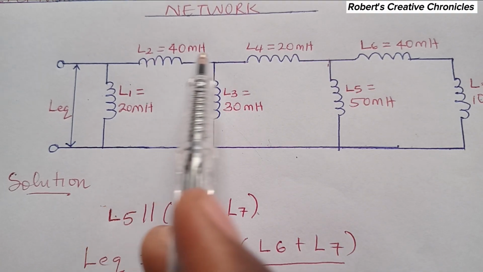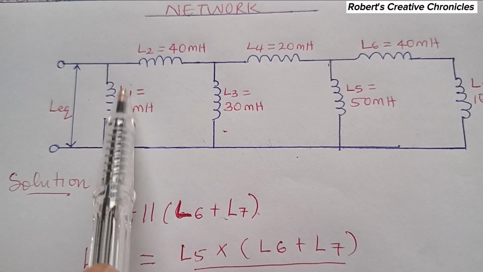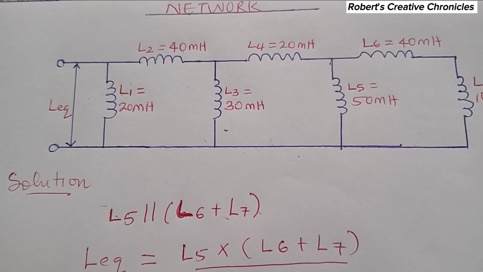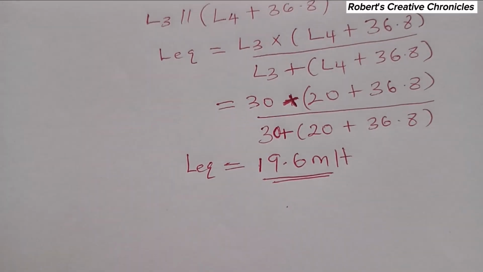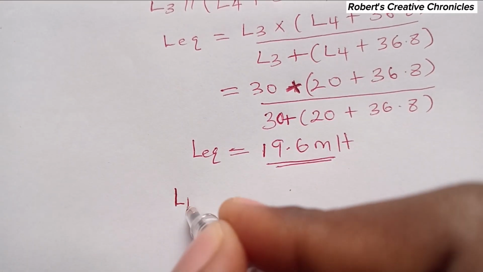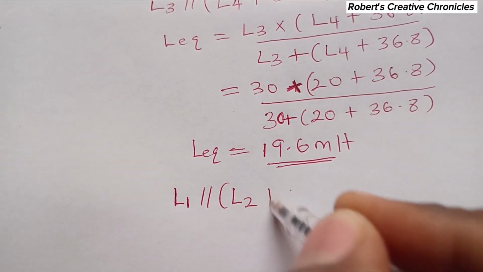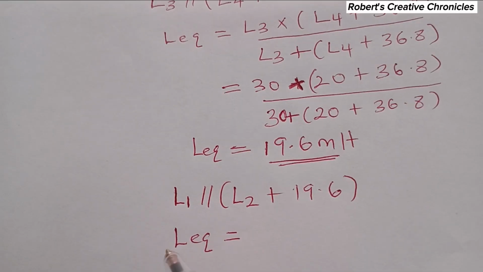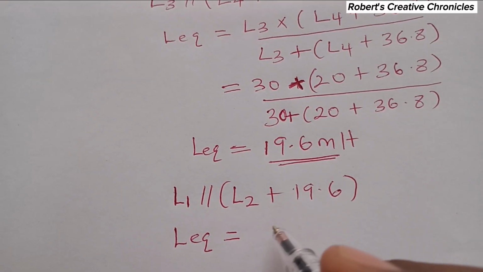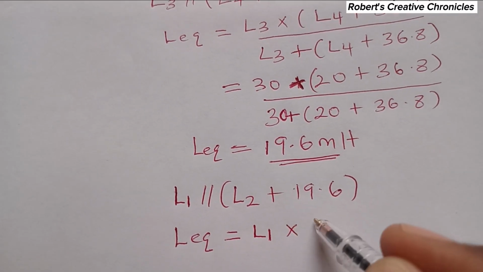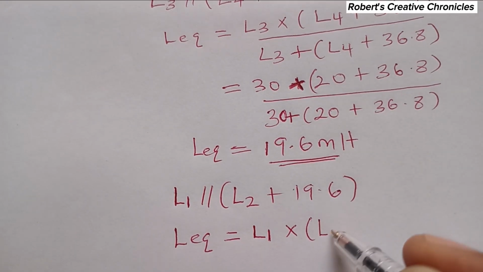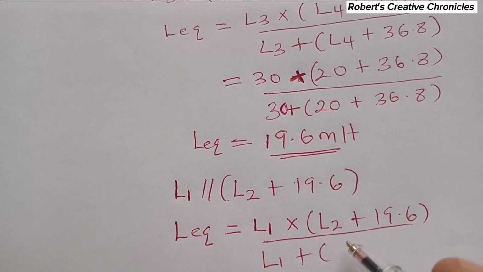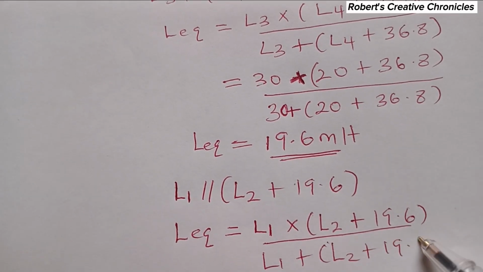So this L2 will be in series with 19.6, and L1 will be parallel to the sum of L2 and 19.6. So it will be L1 in parallel to the sum of L2 plus 19.6. So now the real equivalent inductance will be given by L1 times (L2 plus 19.6) divided by L1 plus L2 plus 19.6.